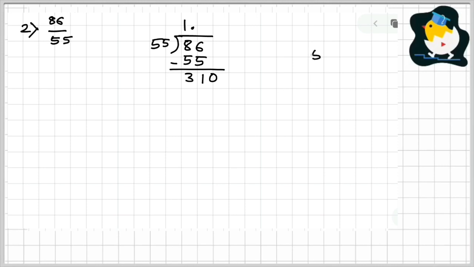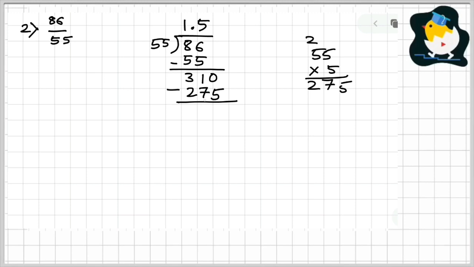Now 55 into 6 will be 330, but we have 310, so we should take 55 into 5. 55 fives are 275, so we have written this.